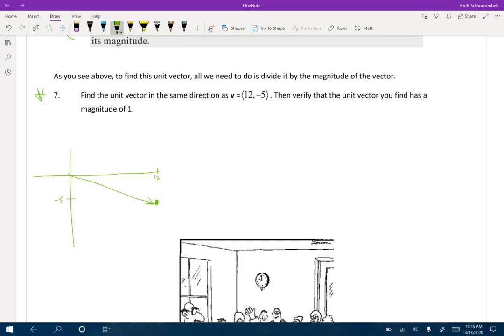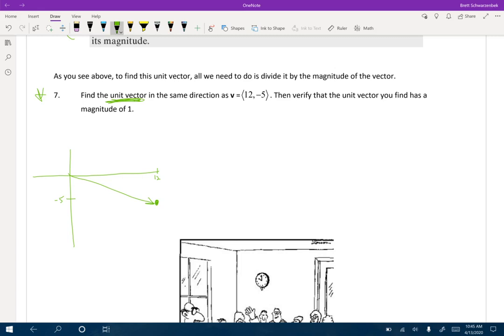It's saying find the unit vector in the same direction as ⟨12, −5⟩. So clearly, ⟨12, −5⟩ is not a unit vector. You don't really have to understand this to get that, because if we're going all the way out here, to 12, −5, there's no way the length of this line is 1. It's going to be way more than that.